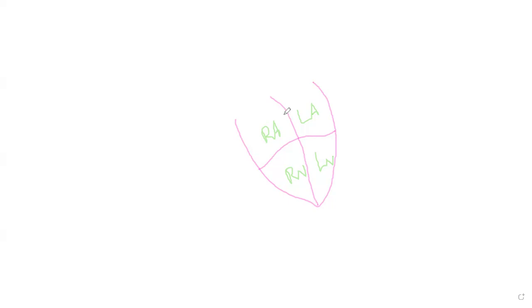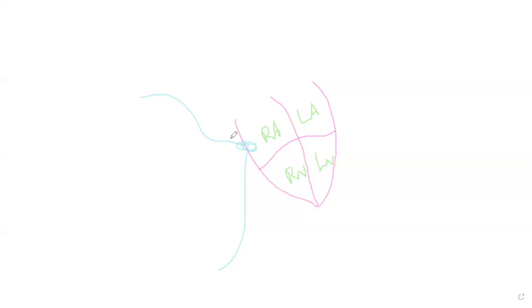Here the blood is collected from the upper part of the body through the superior vena cava, and from the lower part of the body through the inferior vena cava, and blood reaches the right atrium.